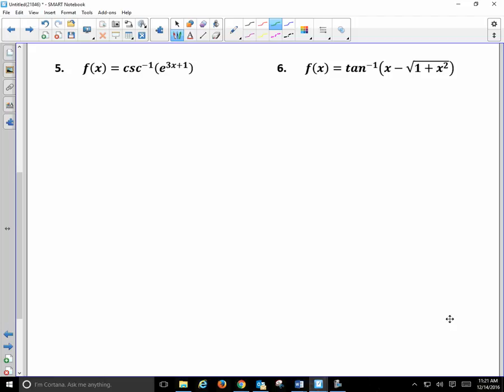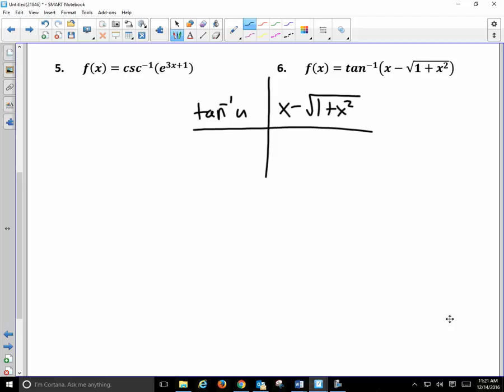Last one. What rule? So arctan of u, or tangent inverse of u, and u is x minus the square root of 1 plus x squared. Derivative of arctan.